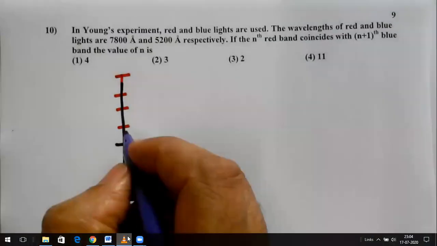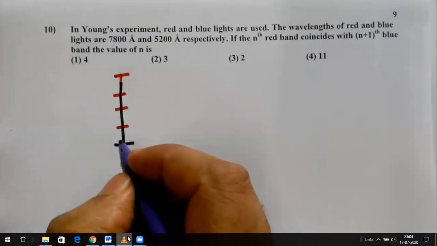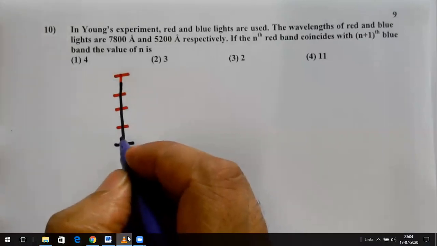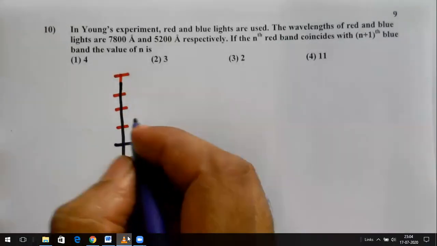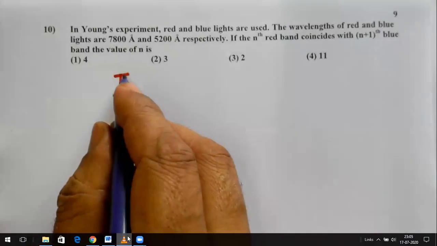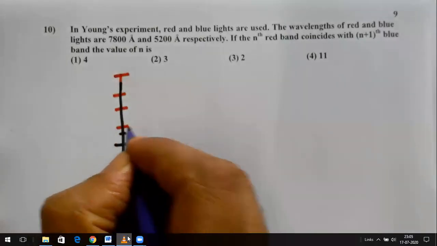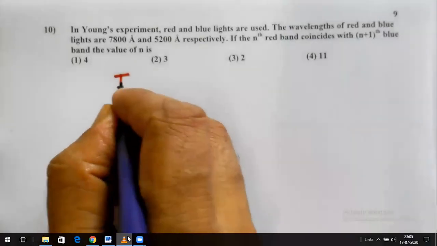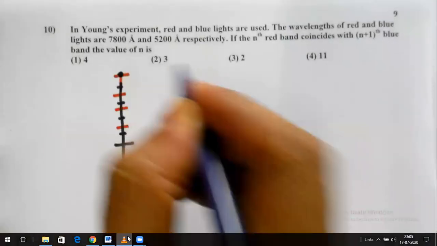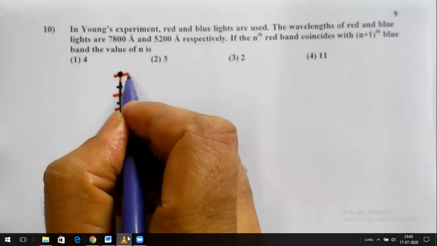Blue fringes are very close to each other because their wavelength is less, so fringe width is less. So if this is the fourth red fringe, then the blue fringes may be produced very closer like this, and here again a blue fringe is produced at the same place where the red fringe is produced.